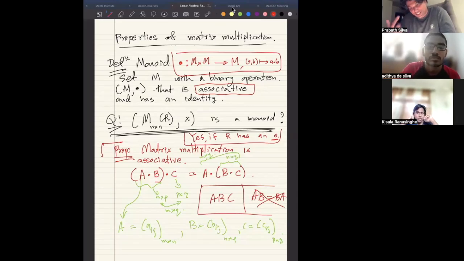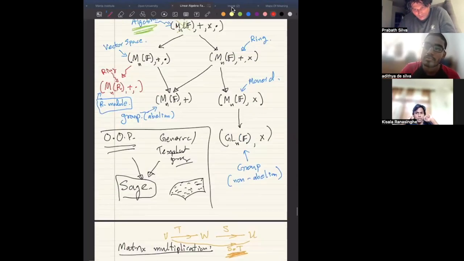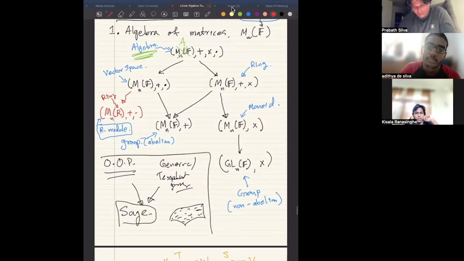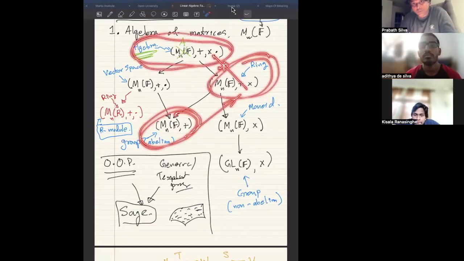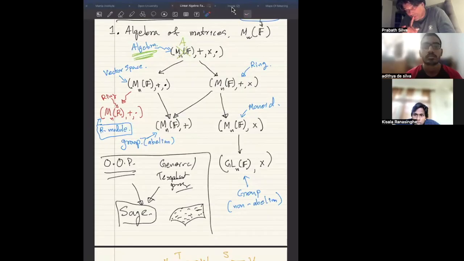Now you're adding, so what you're really doing is going along some path like this, getting to matrices and going this way. So you're proving that this is an abelian group, and now you're proving that this is a ring. And next, we'll show that this is an algebra.